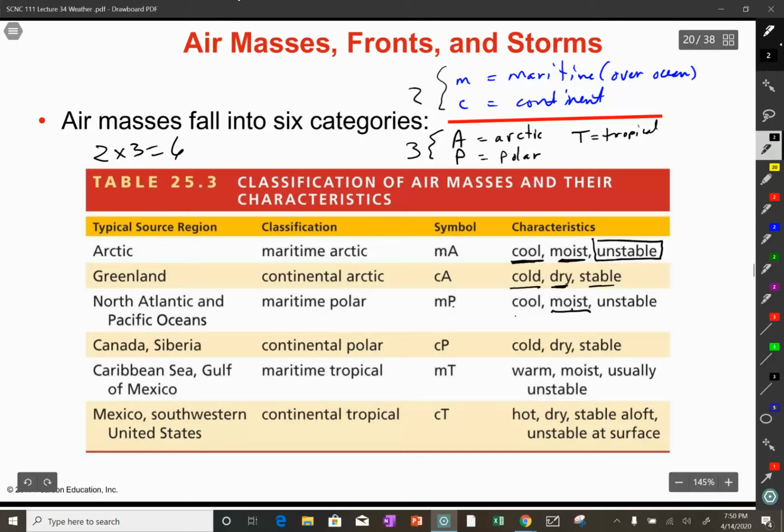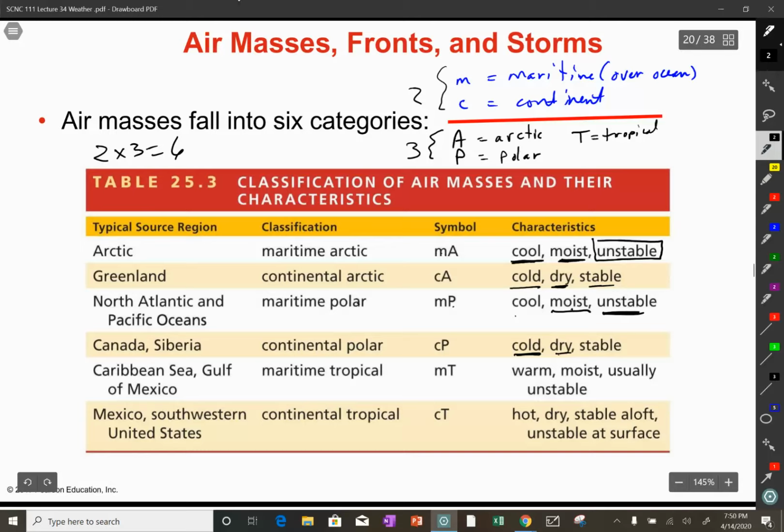And because it's moist, it's unstable. And then continental polar, that's like over Canada and Siberia. And so that's obviously cold, even though it's polar and polar here. Over land is colder because the sea helps to moderate things. Because it's not over water, it's dry, which makes it stable.